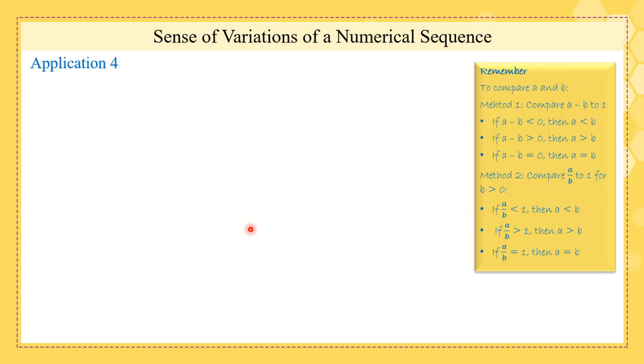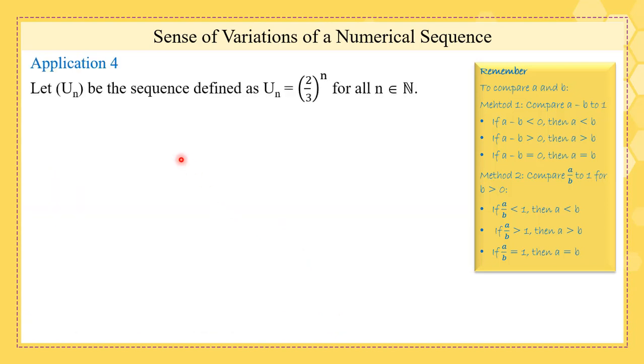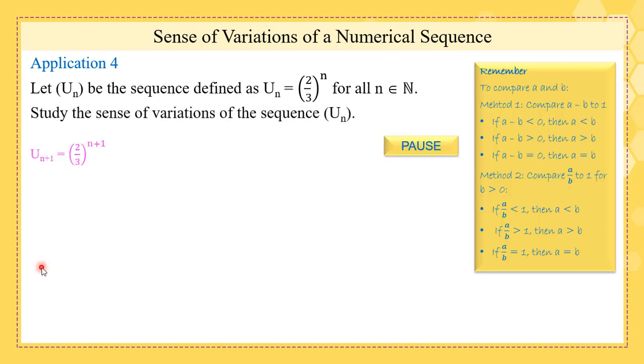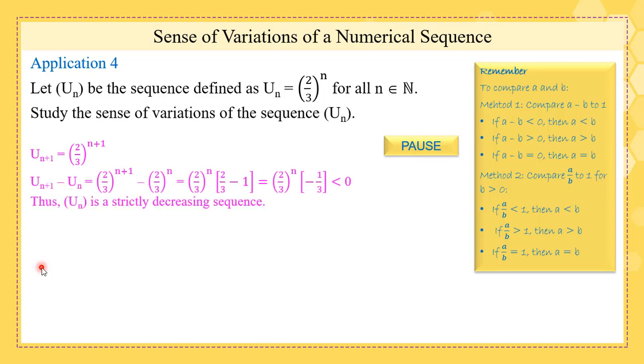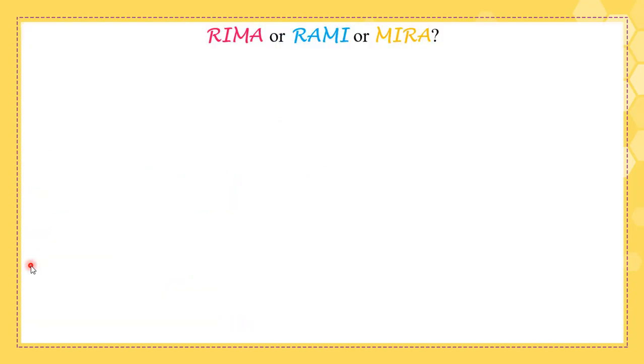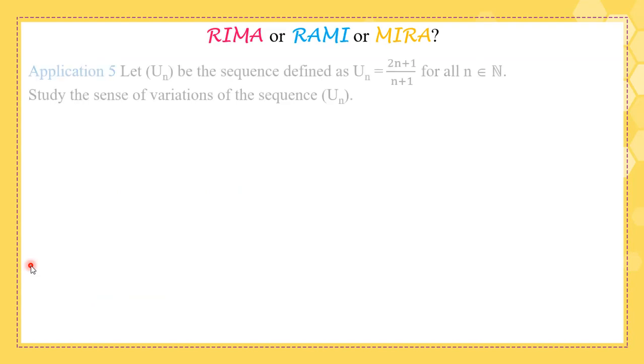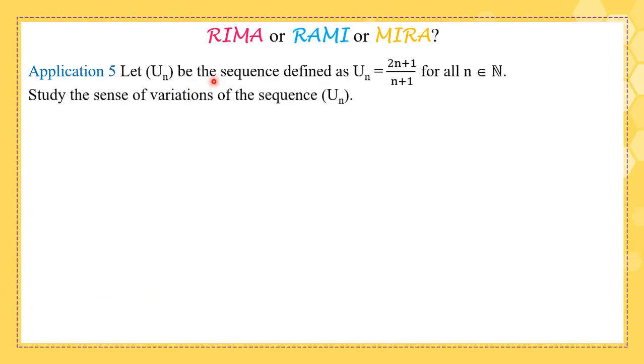Okay, try to do this application alone. Rima, Rami, or Mira. We have Un, a sequence defined as follows, and we need to study the sense of variations of Un.